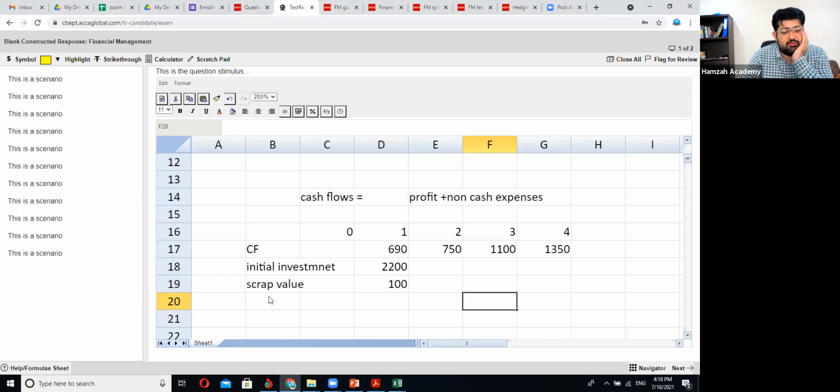Students, we have to calculate ARR. For that, we need profits. Now, rearranging this equation, profits is equal to cash flow minus non-cash expenses.